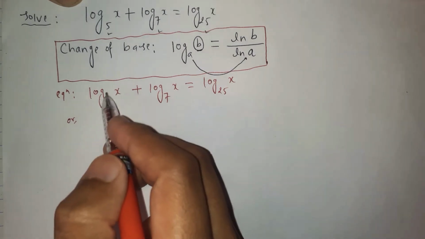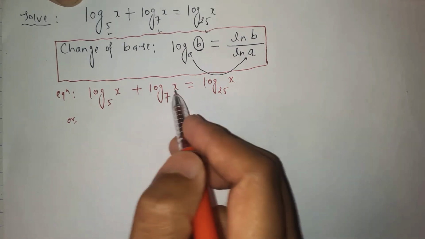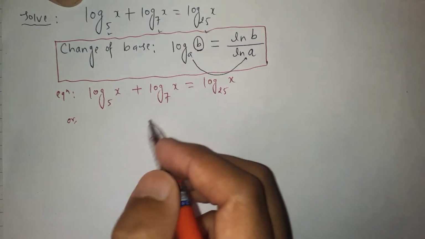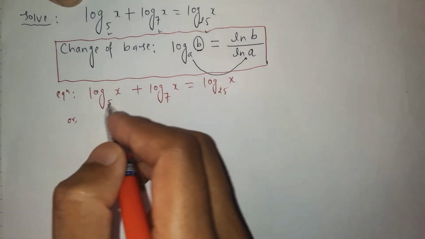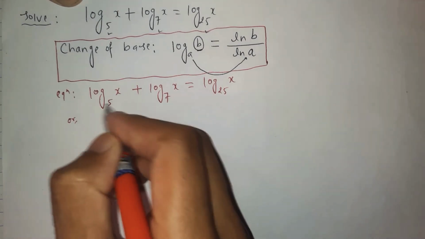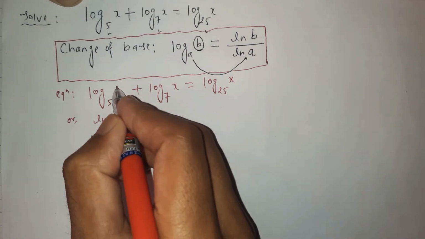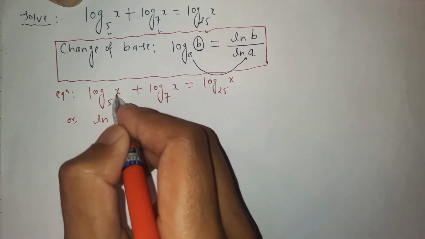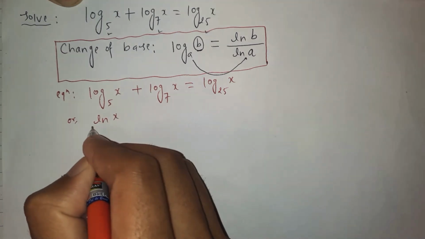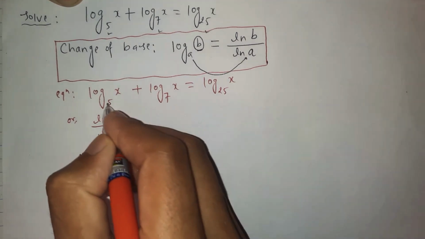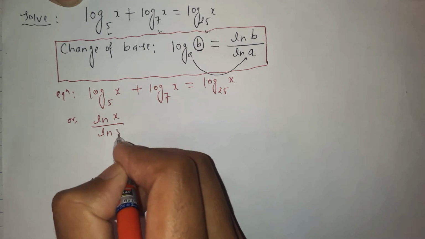Let me convert these logarithms with different bases into logarithms with the same base. I am changing in terms of the natural logarithm: ln of the argument. Here the argument is x, so ln of x over ln of the base, which is 5.